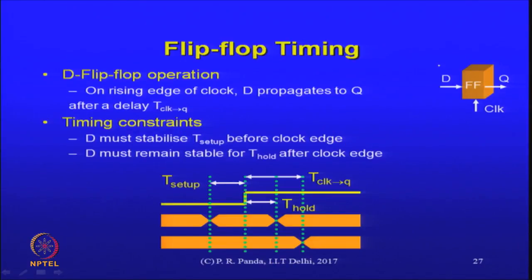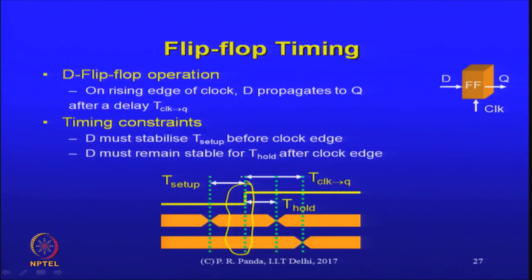You need to, at a very basic level, take into account some of the timing features of the flip flops themselves. What kind of timing features are there in a D flip flop? Things are defined with respect to the rising edge of the clock. What are the timing parameters?